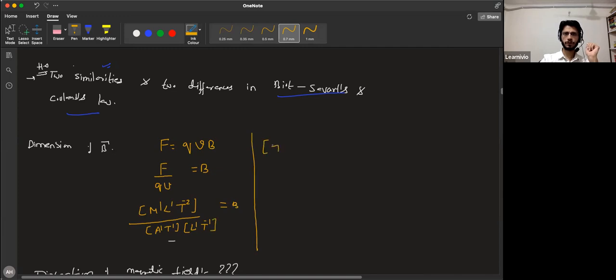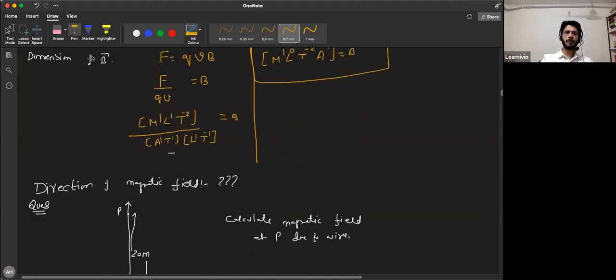So the dimensional formula is M1, L1 and L1 will cancel out, it's L0. T minus 2, 1 minus 1 will cancel out, so this is T minus 2. And this is A minus 1. This is the dimensional formula for magnetic field.